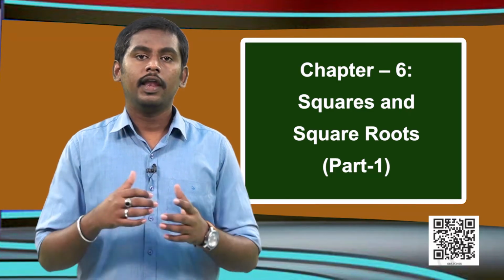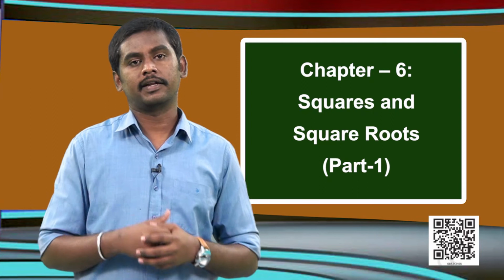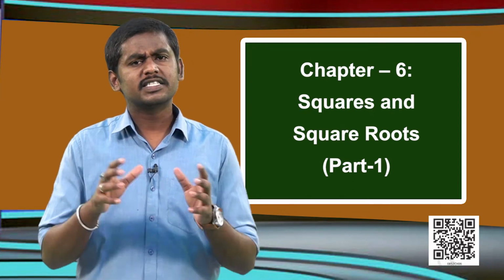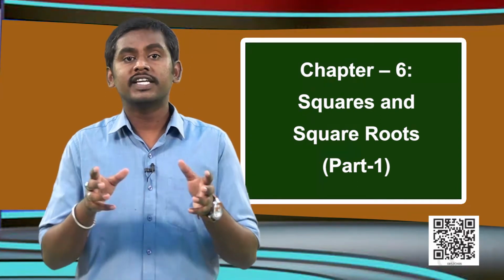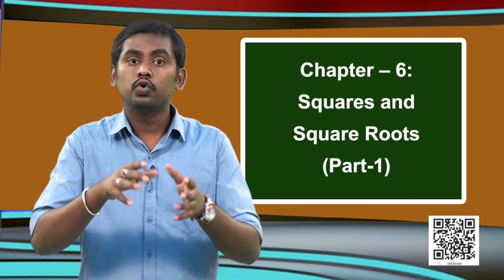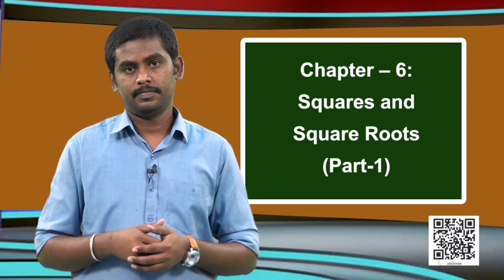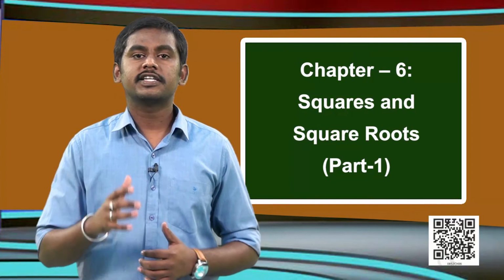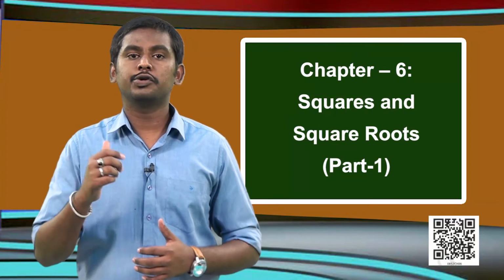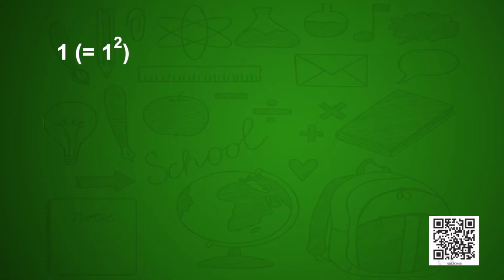Well, now let us go on to the next pattern, but this time let us observe the numbers which are present between the squares of two consecutive numbers. Students, let us observe the squares of the consecutive numbers. Look at that. We see in the figure that 1 is nothing but 1 square.